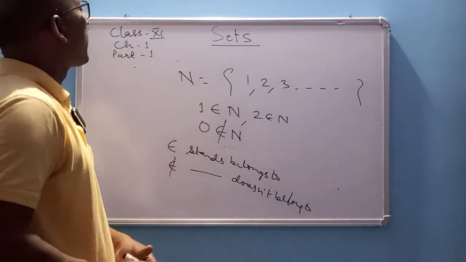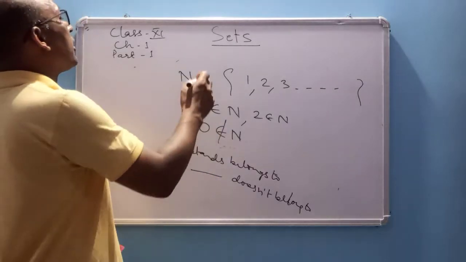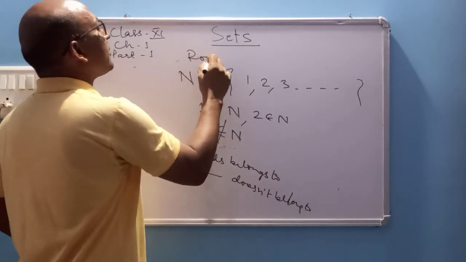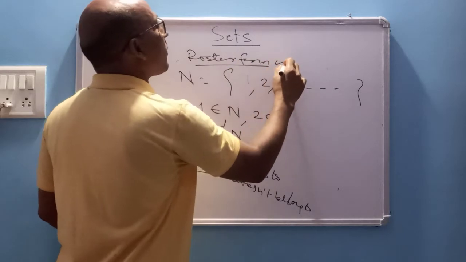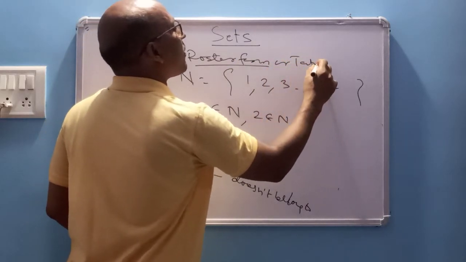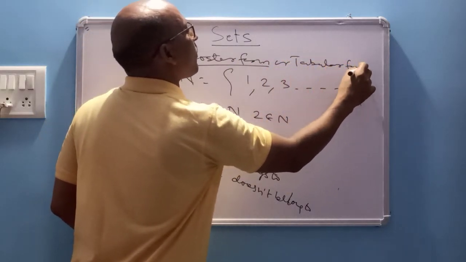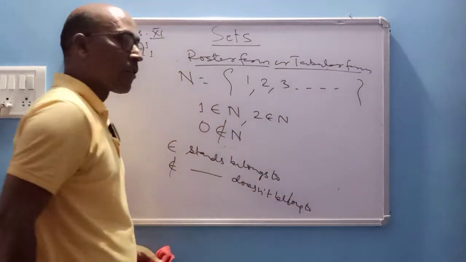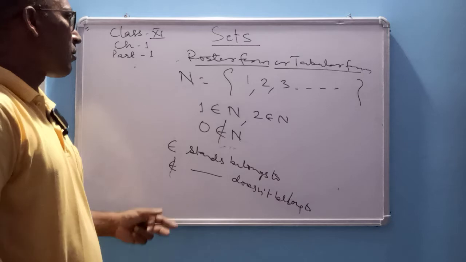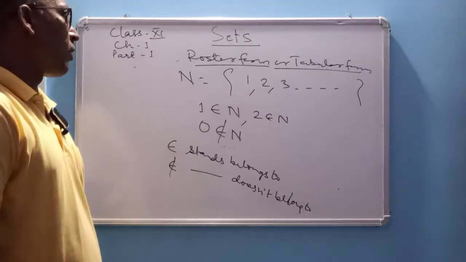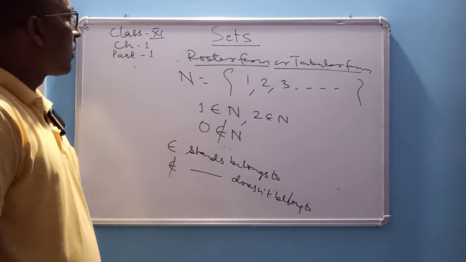And this type of representation of sets is called the roster form or tabular form of representation of a set.